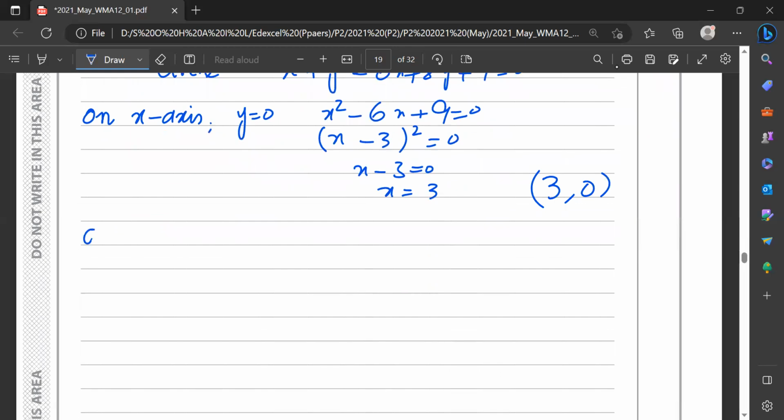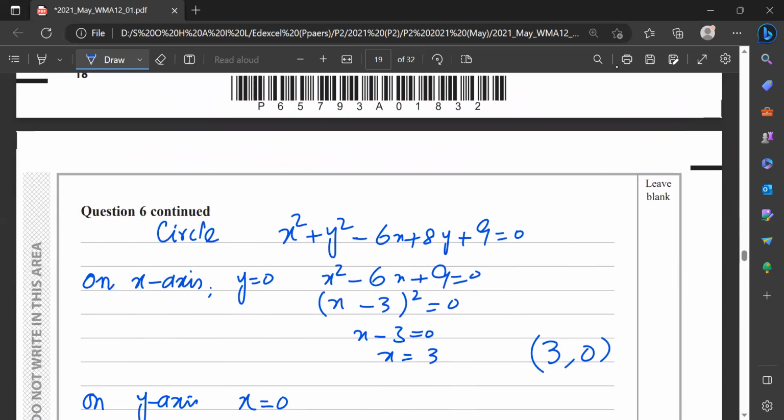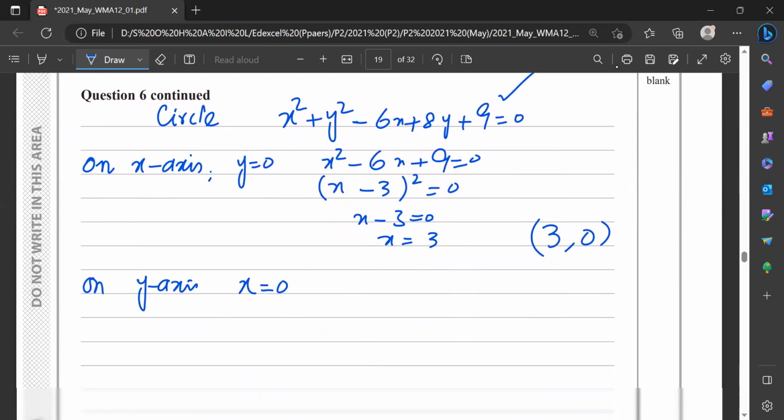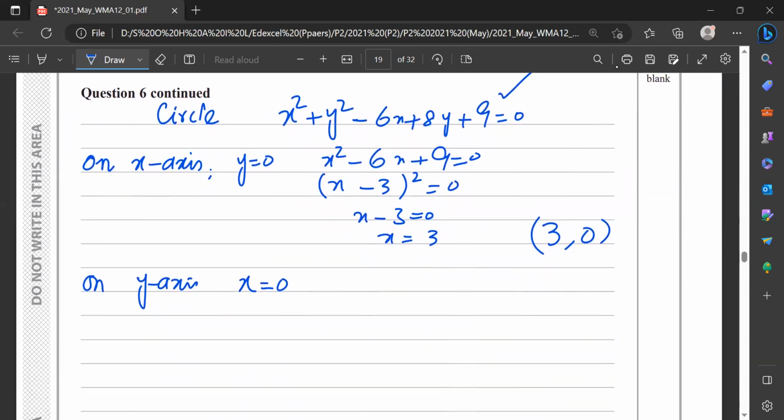So on the y-axis, x is equal to 0. So in the same equation of the circle, because this circle crosses the coordinate axes at points R, S, and T, on the y-axis put x equals 0. If x equals 0, this equation is now y squared plus 8y plus 9.